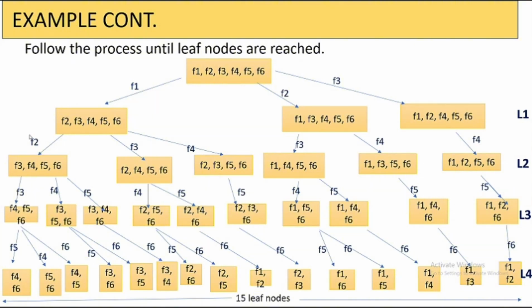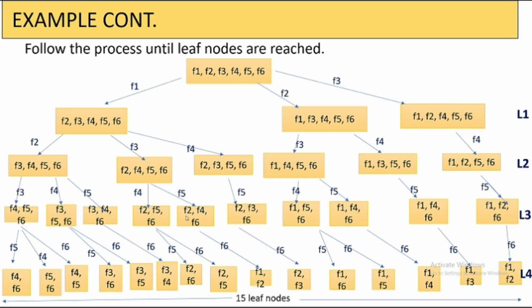So I removed f2 and created this node, and I removed f3 and created this node, and I removed f4 and created this one. So likewise I removed one feature and created this. That is level 2. Level 2 has nodes with 4 features.